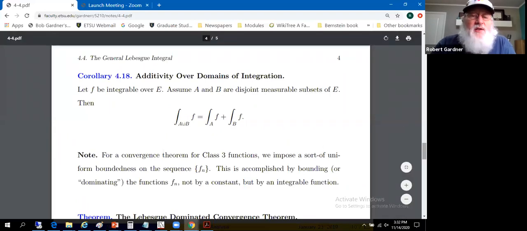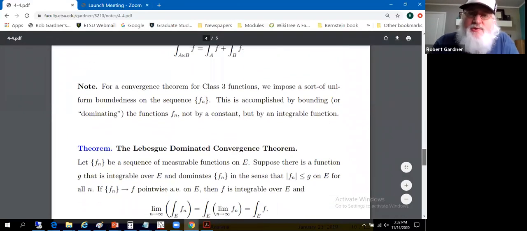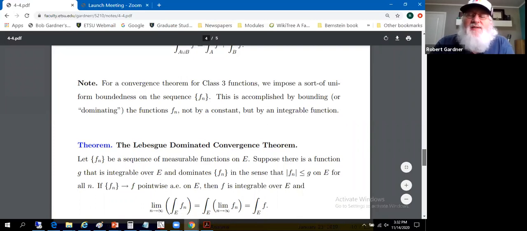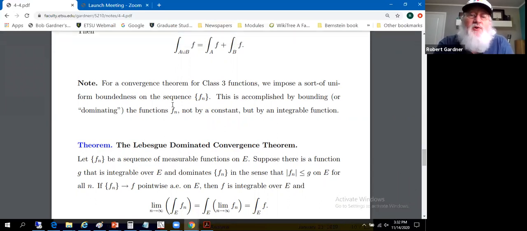And finally, a convergence theorem for class 3 functions. So I say we impose a sort of uniform boundedness on a sequence of functions, f sub n, that will converge pointwise to some function f. Sort of. We dealt with uniform boundedness back when we had bounded functions.